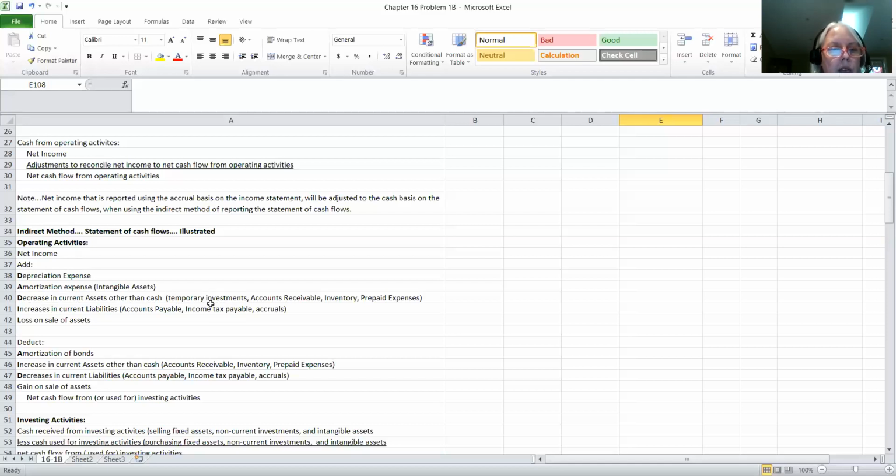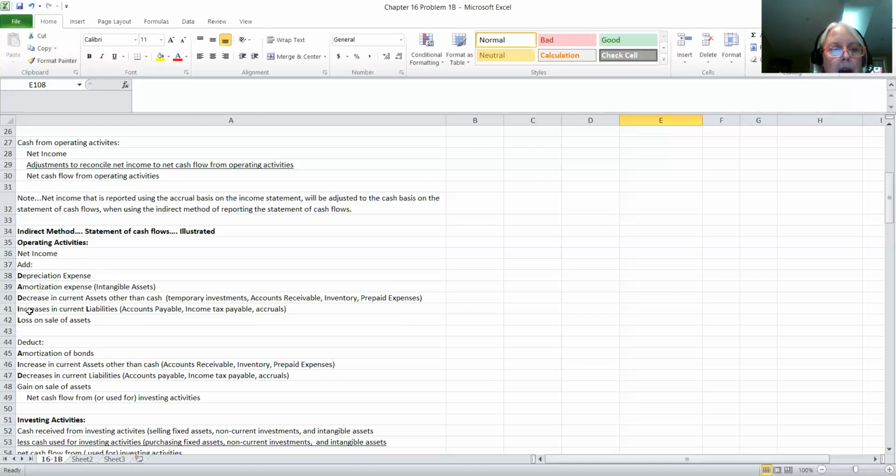Those would be your trading securities that we talked about in the last chapter. If you have a decrease in accounts receivable for a period of time, then that's going to be added back to your net income. The same goes for a decrease in inventory or prepaid expenses. Notice temporary investments, accounts receivable, inventory, and prepaid expenses are all types of current assets other than just your cash account.